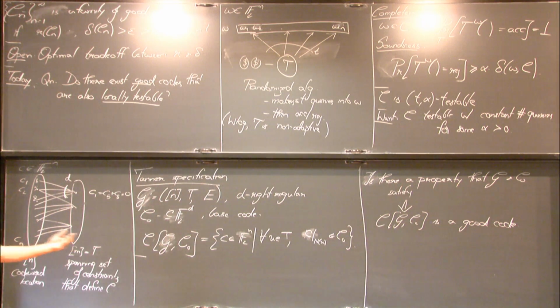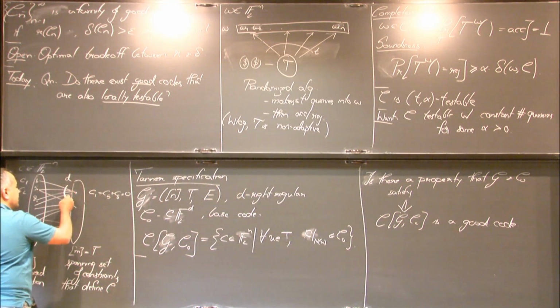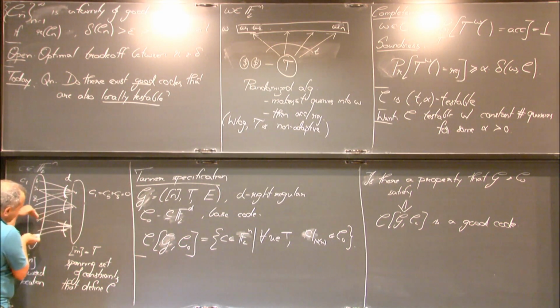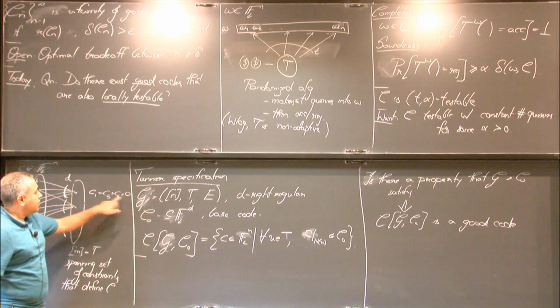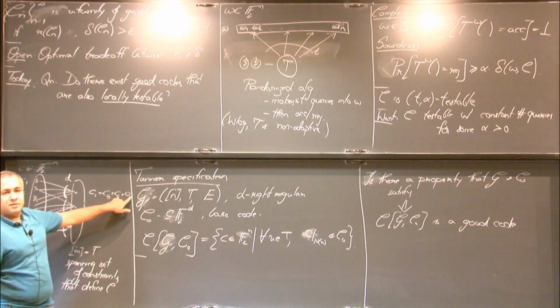Base code is just a smaller code. There is a small code here. Each local view over here is stating that its neighborhood should be a member of C naught. For example, the members of this view are all those local views whose parity is 0.